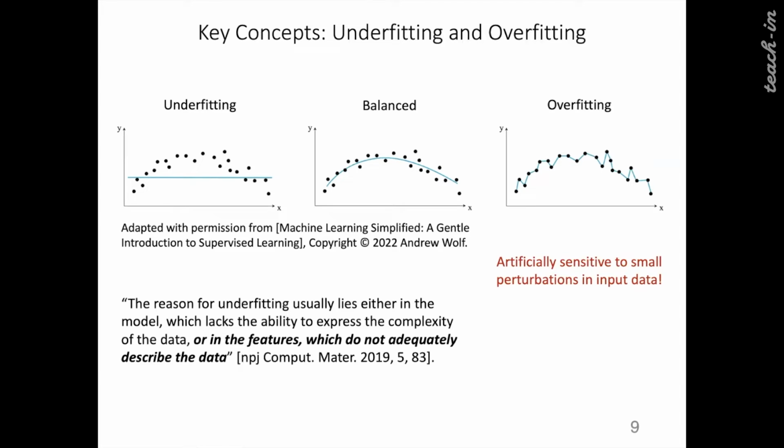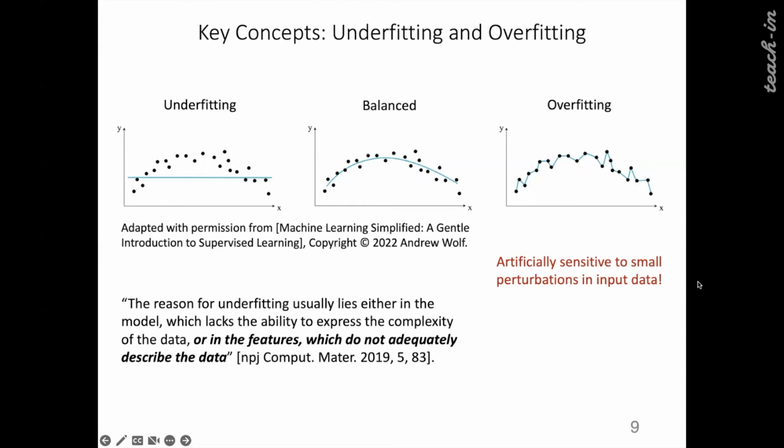We are going to speak about feature selection a little bit later when we are going to have some practice with Jupyter Notebook related to this lesson. Next we can get an opposite situation of overfitting, when the model is artificially sensitive to small perturbations in input data. Of course, we should seek a balanced model.